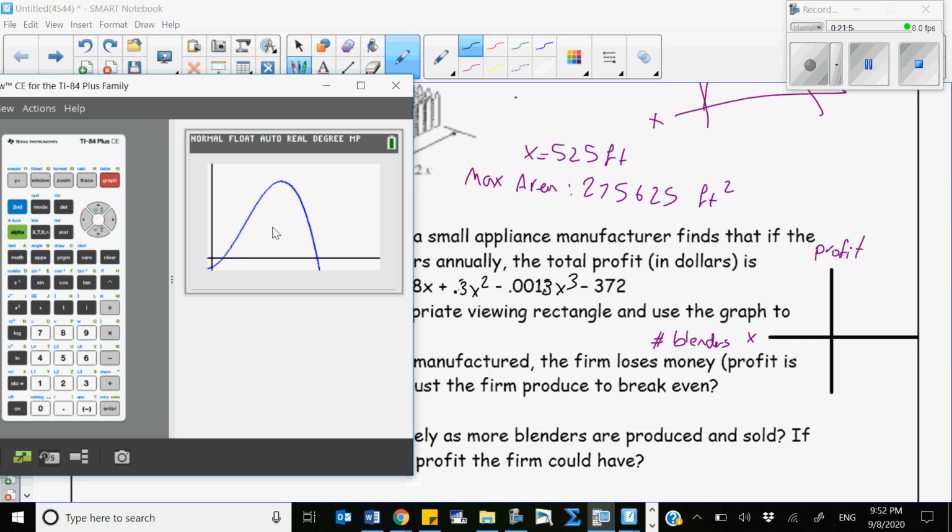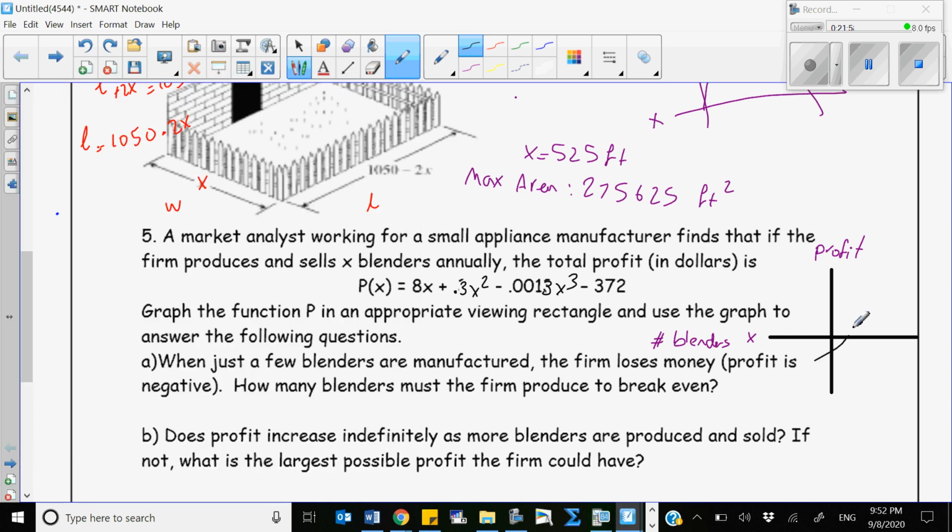Okay, so this is my graph. Let's graph that here. Whatever we had, I'm going to graph it here. It was something like this. Part A says when just a few blenders are manufactured, the firm loses money or the profit is negative.